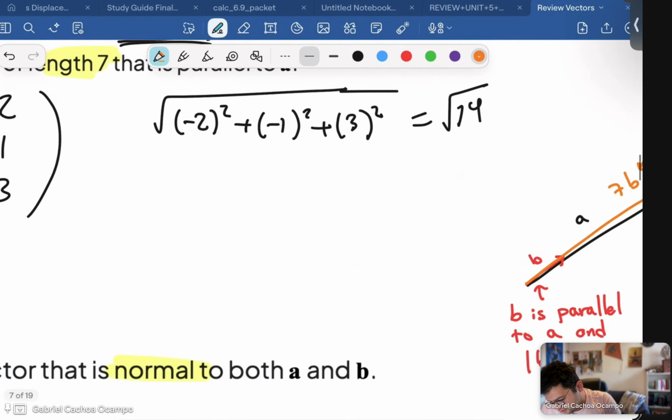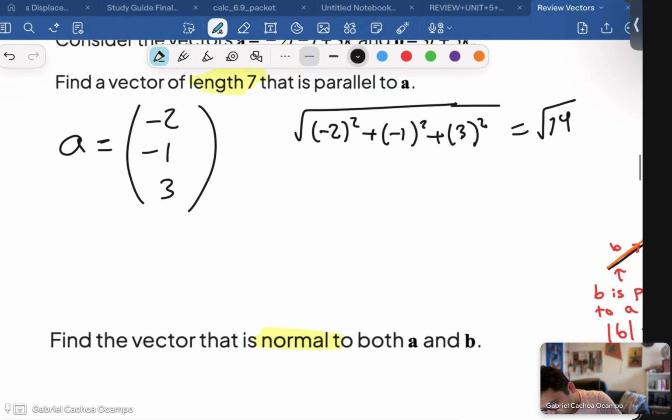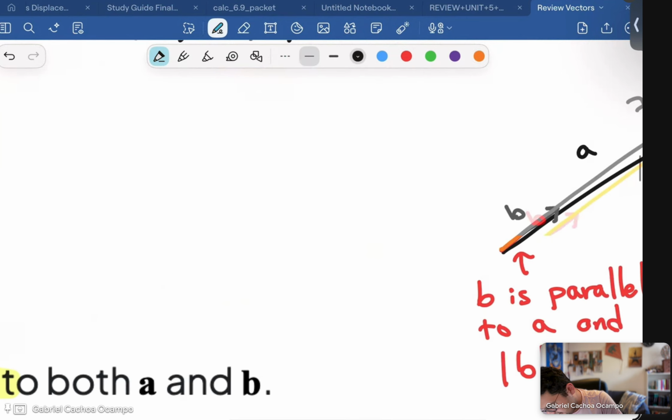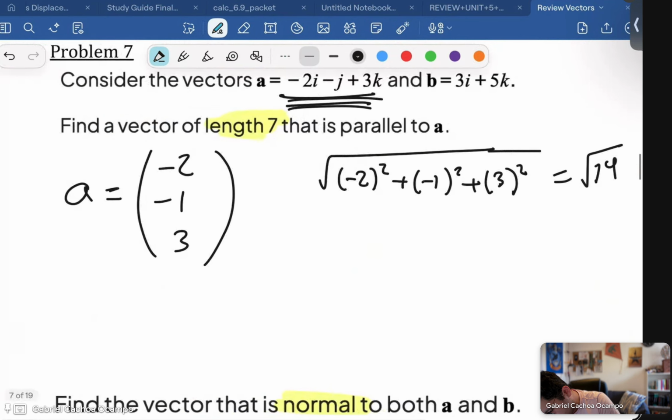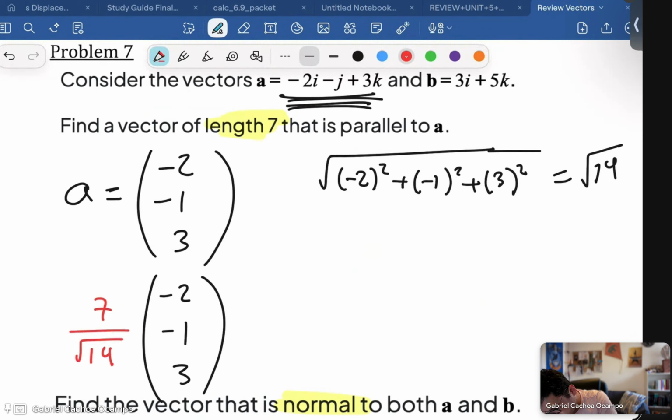That is why, if you go into the answers, it tells you to take vector A and multiply it by 7 over the square root of 14. I'm going to leave it like this.